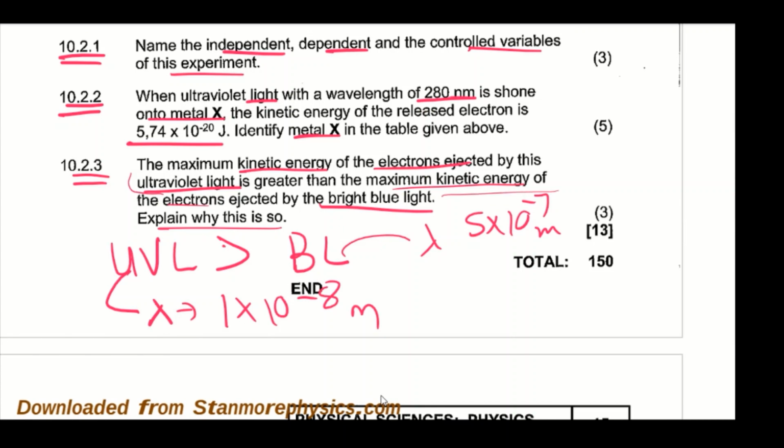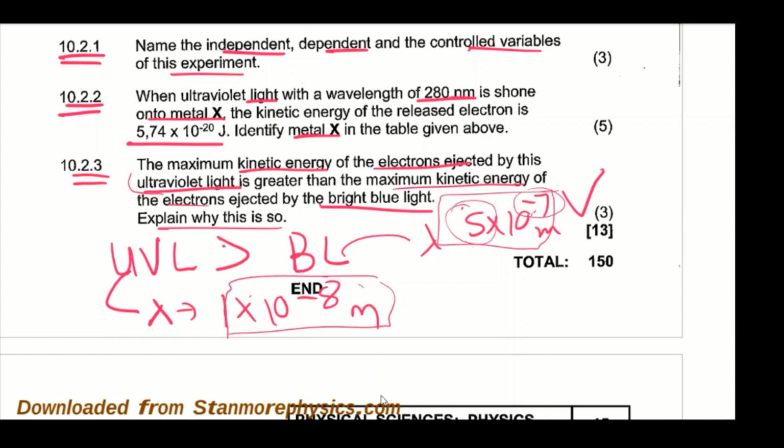So you can easily compare these two, which one is bigger and which one is smaller. It's clear that the wavelength of blue light, because it's 10 to the power of minus 7, is larger compared to the 10 to the power of minus 8 of the ultraviolet. Yes, 5, but 10 to the power of minus 7, so it's larger, sorry.